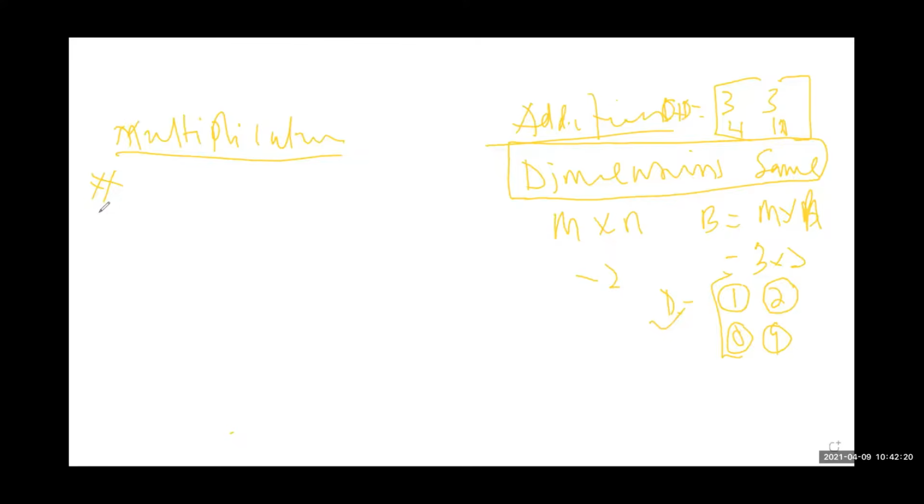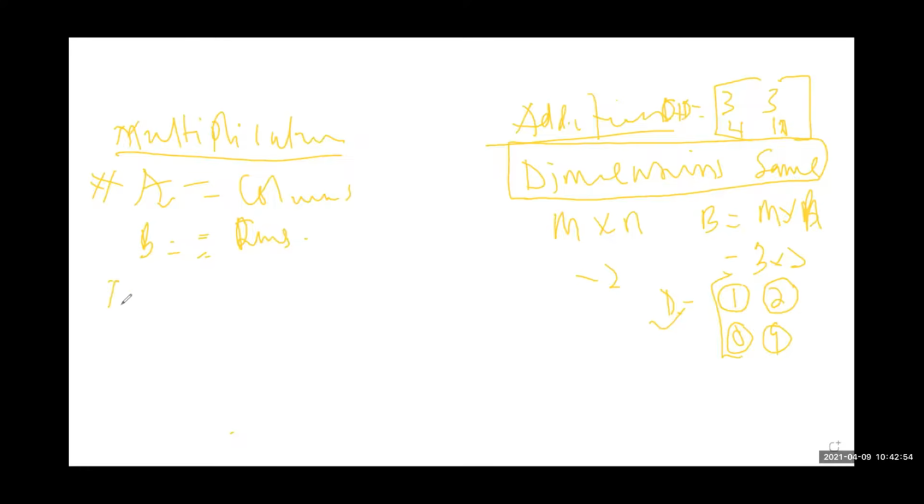The first condition is that for any given matrices that we need to multiply, we first have to ensure that the number of columns for the first matrix, let's say matrix A, is the same as the number of rows for the other matrix.